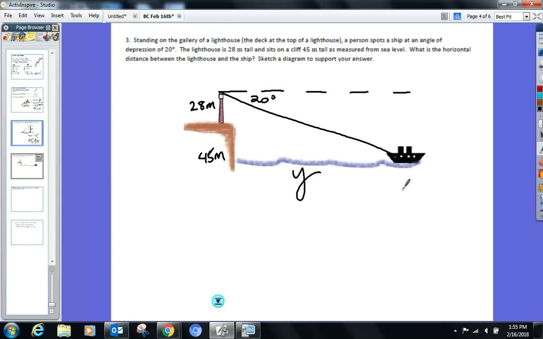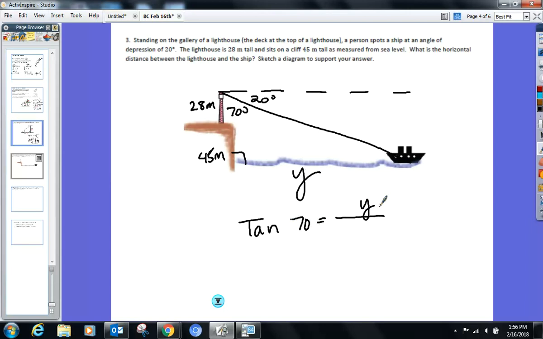You guys want to do alternate interior or complementary? So 70. Got a little 70 there. If we're doing that one, we're going to have to use tangent again, and I know it's the third time in a row, but it'll change. Tangent of 70 equals y over, I'm not going to make the same mistake for a third time.